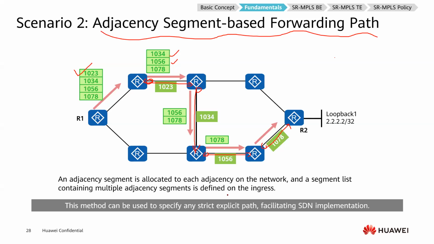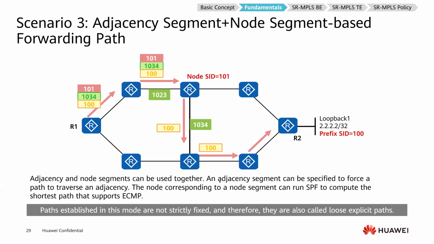Each hop I define, I limit the forwarding path. I define the forwarding path strictly. The third is that we can also use adjacency plus node-segment-based forwarding, so some parts of the path are based on the node segment. I send to here first, then based on the adjacency, then based on the node, depending on your requirement.